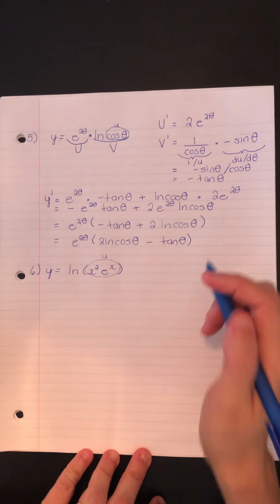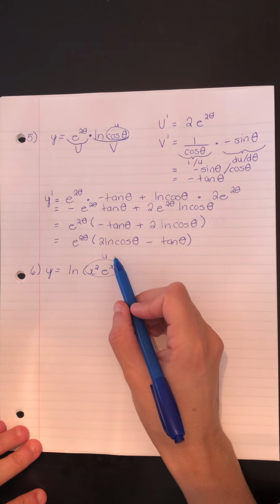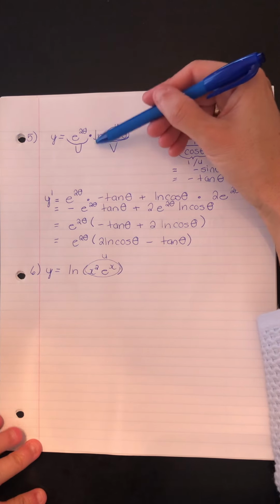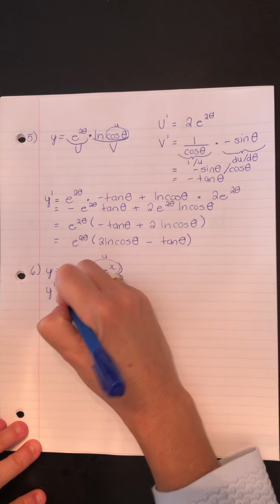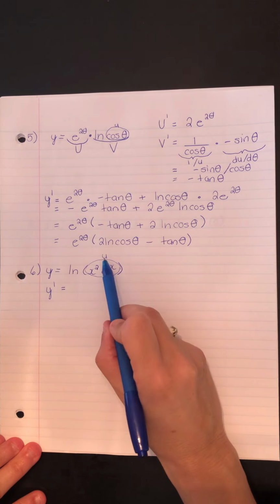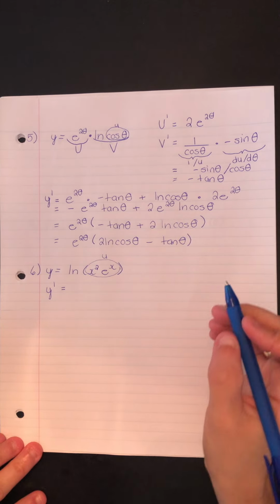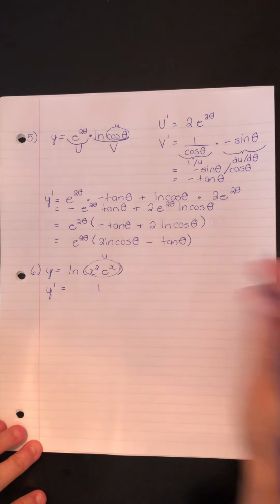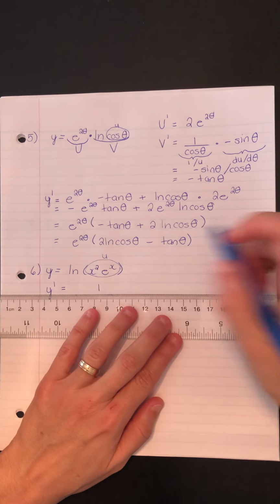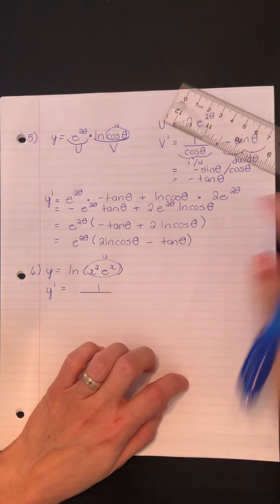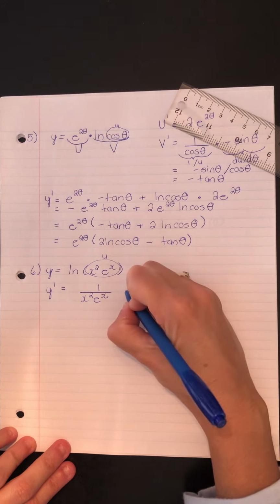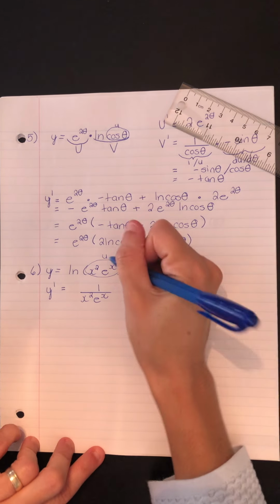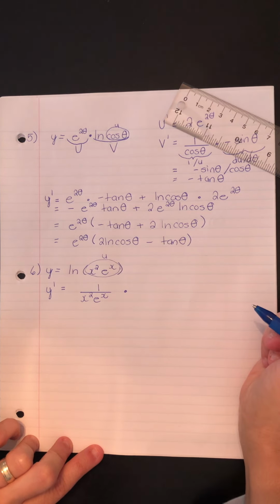Okay. So this dictates how we begin the problem. We don't begin with a product rule like we did here, but rather we begin with what is the derivative of ln u? Well, remember it has two parts. First is the 1 over u part. And then that should be multiplied by the derivative of u.